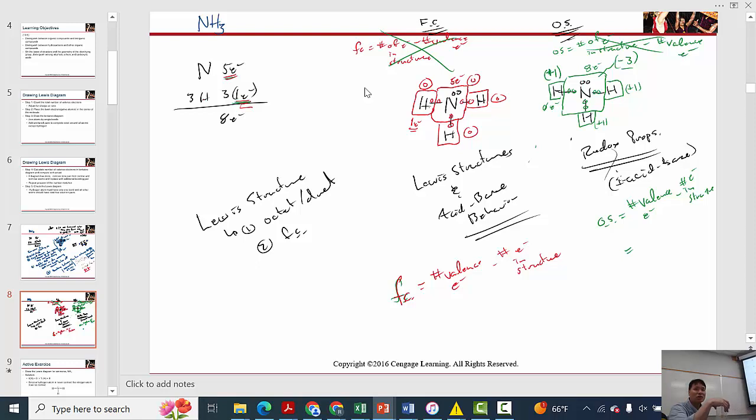In reality, the charge is somewhere in between the two extremes. But in order to figure that out, we need a computer. We don't want to deal with a computer. And so we're just going to look at things via the extreme. So when we're doing Lewis structures, we do formal charges. We do not have to do oxidation state.